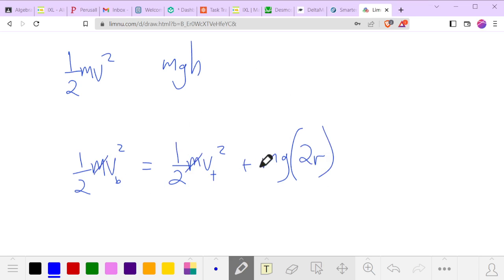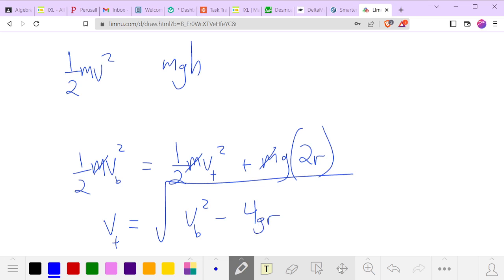Canceling our m's and multiplying everything by 2, velocity at the top will be the square root of velocity at the bottom squared minus, and multiplying everything by 2, the 1/2s cancel, the 1/2s cancel. We have another 2 here, so it's going to be 4gr.